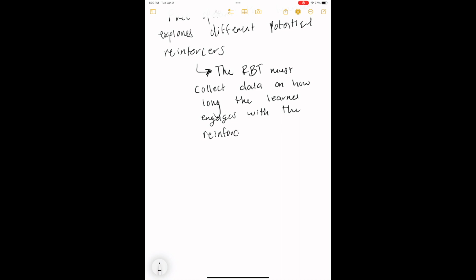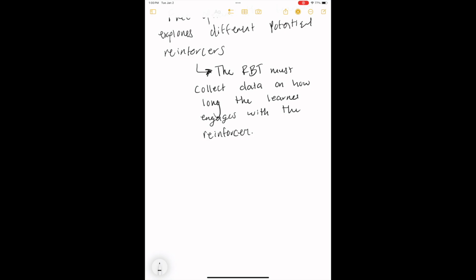So the idea with this is that the longer your learner engages with a reinforcer, then the more motivating that reinforcer is for them.